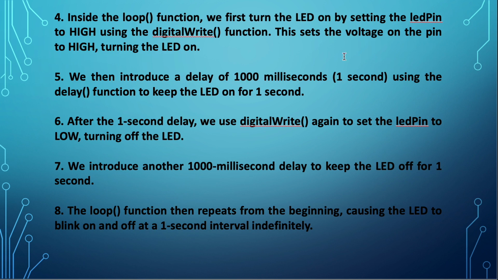We then introduce 1000 milliseconds or 1 second using the delay function, right? Then after 1 second we repeat it, but this time we digital write as low. We know how a digital signal goes, right?